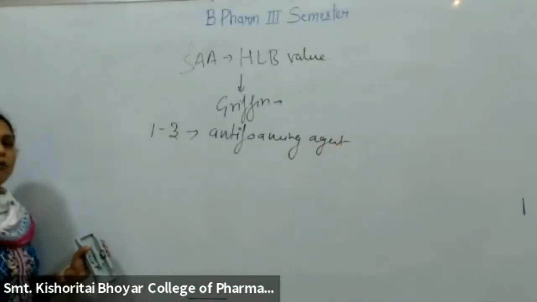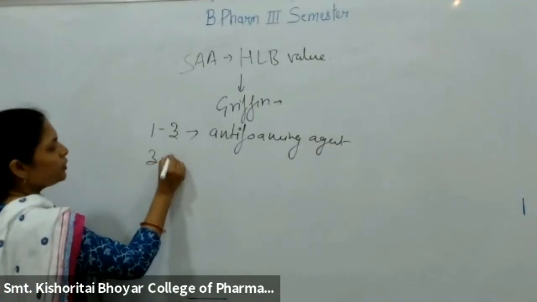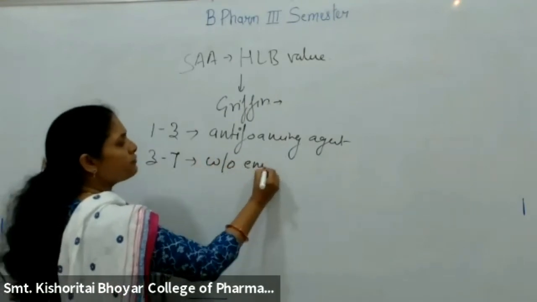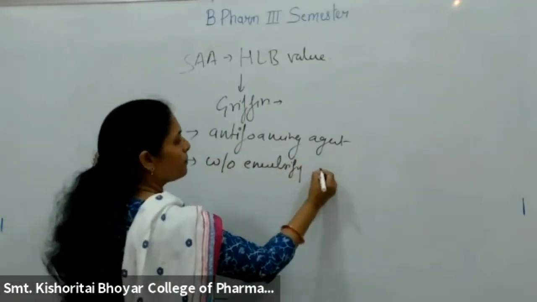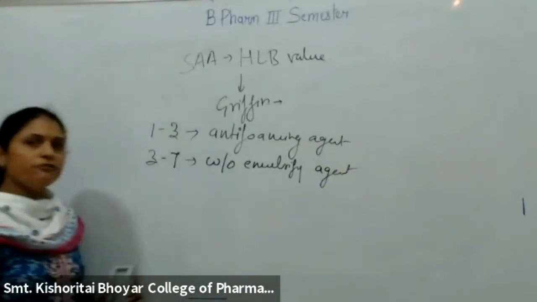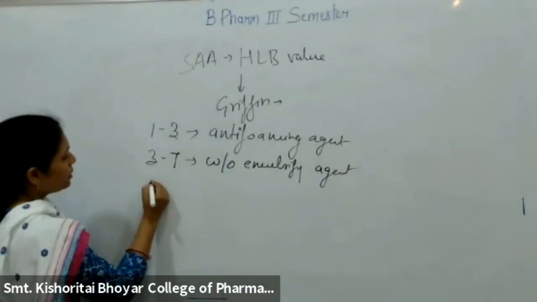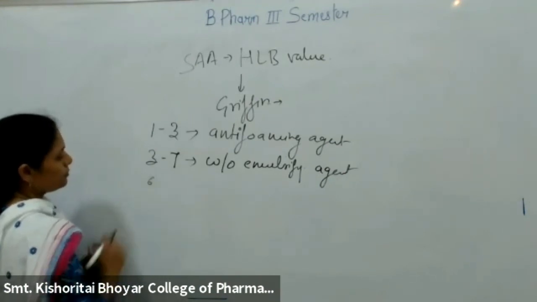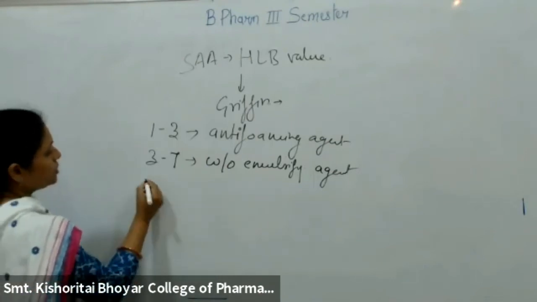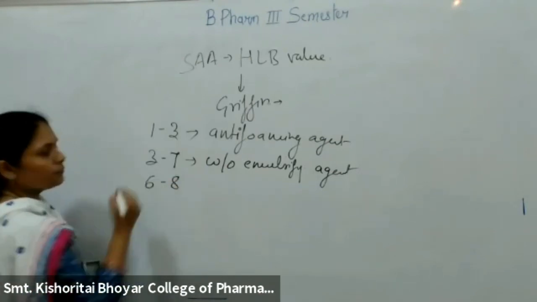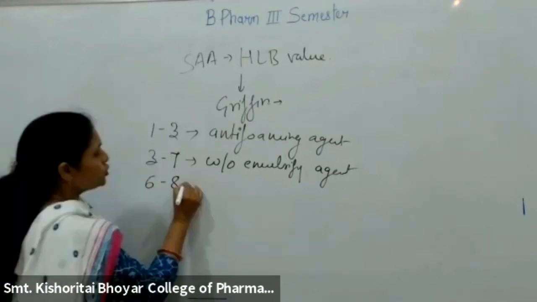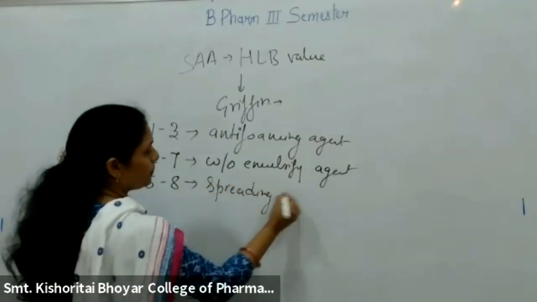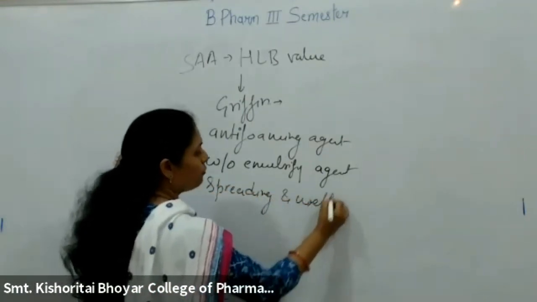If the value is 3 to 7, it is used as a WO type of emulsifying agent. Then 6 to 8, it is used as a spreading and wetting agent.